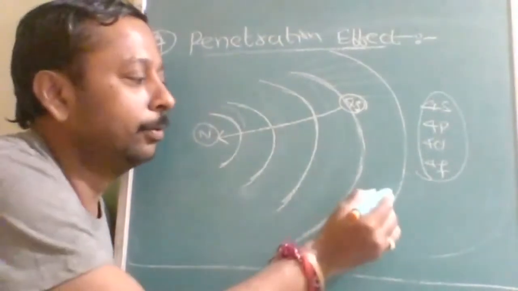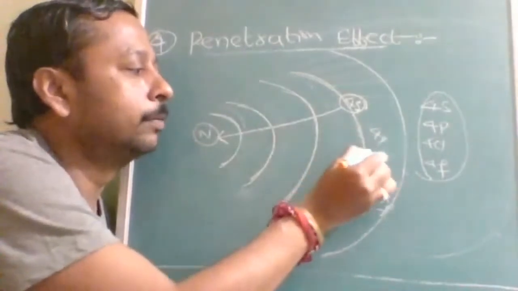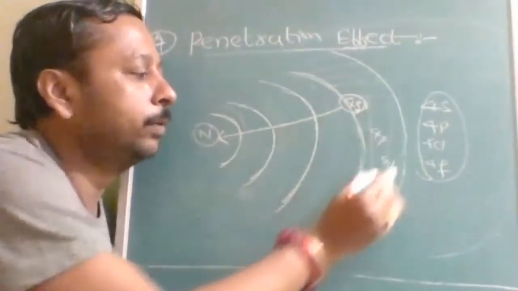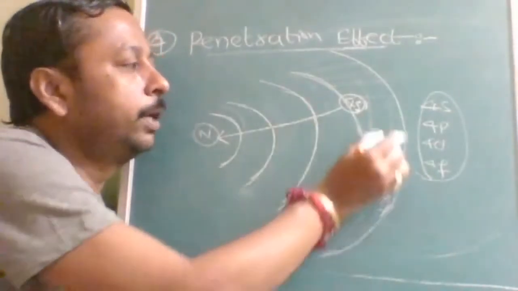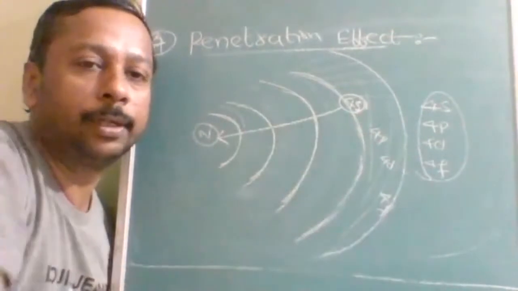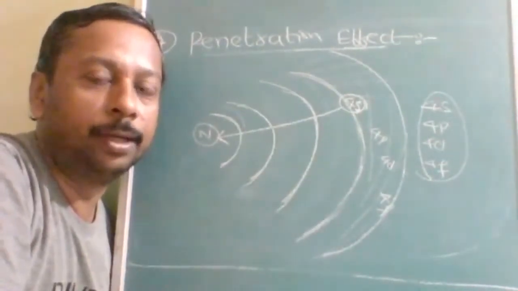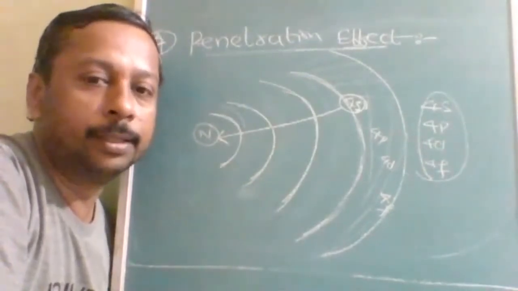Okay. Now here 4f will be like this, 4p will be like this, 4d will be like this. Okay. So like this, they have their own path. Understood? So it will always try to escape from the atom. 4f has no interest in what is going on inside the nucleus. It wants to be away from the nucleus every time.